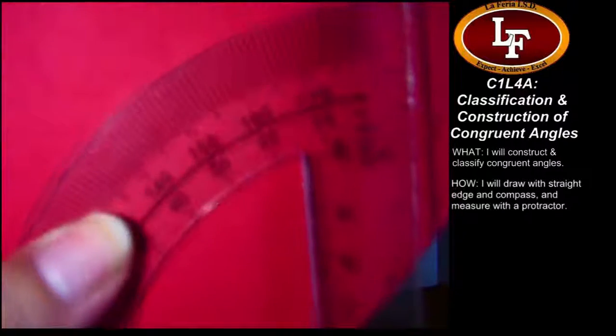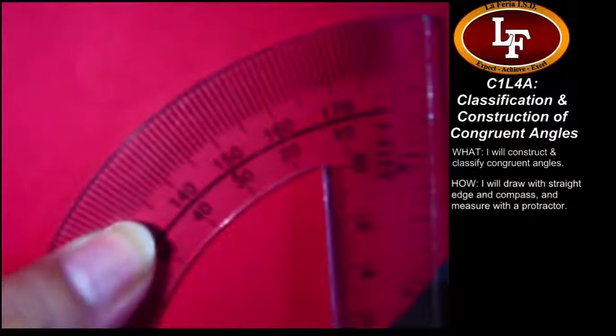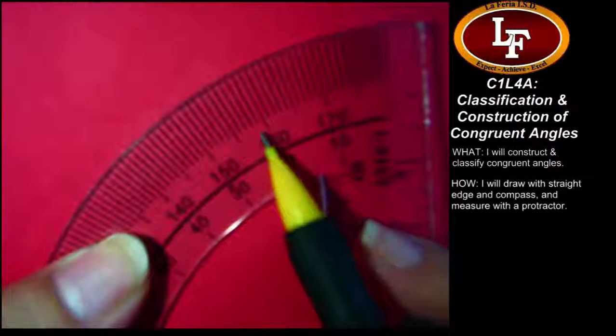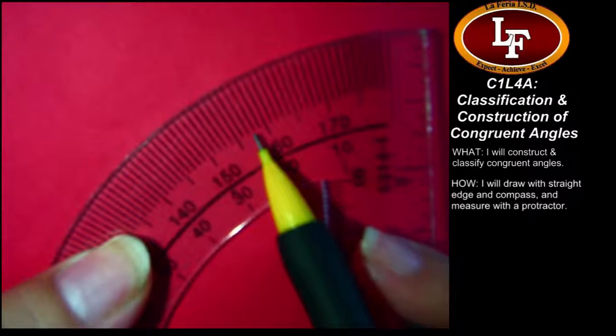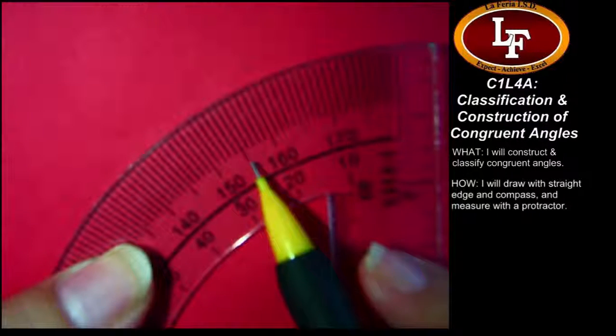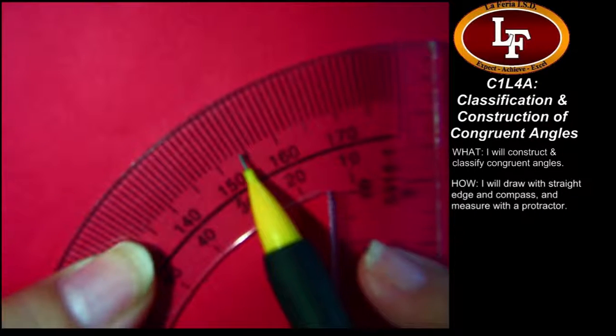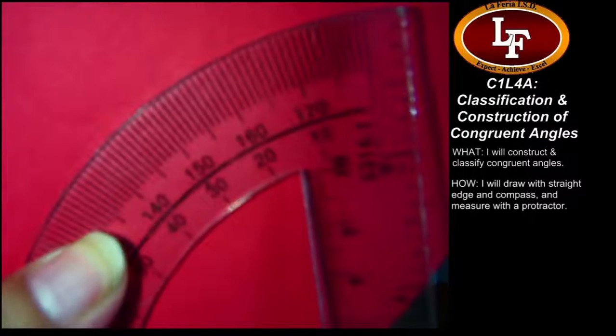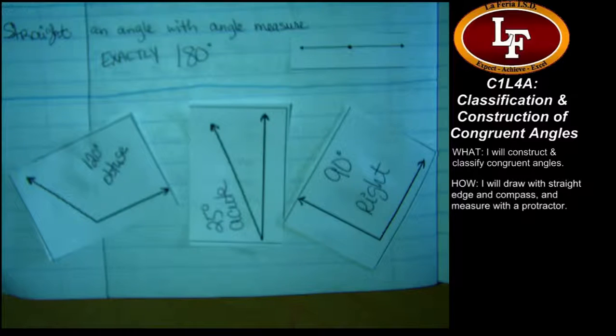So each of these little lines are worth 1 degree. So if you start at 20 and you count each little line, 21, 22, 23, 24, that next little big one would be 25. Okay, that's where it's at. So that's where it's at on that 25? All right, there you go. Good job, thank you, thank you.